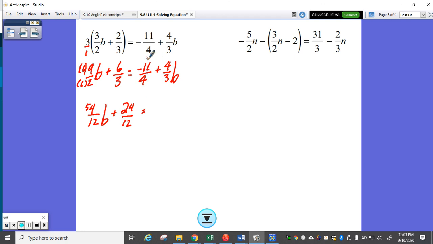Top and the bottom here by 3, so negative 33 over 12. Top and the bottom here by 4, 16 over 12.